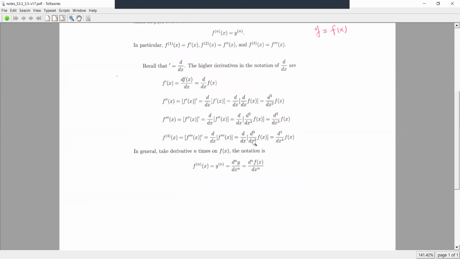Dx times dx to the third is dx to the fourth. This notation is for the fourth derivative. In general, take derivative n times on the function f. The notation in terms of d over dx is this.